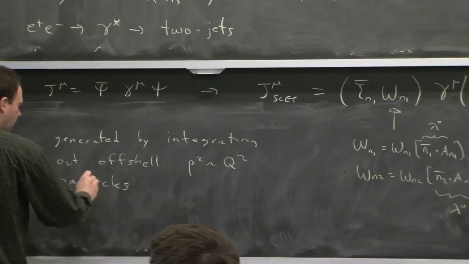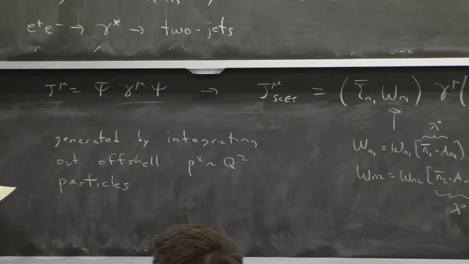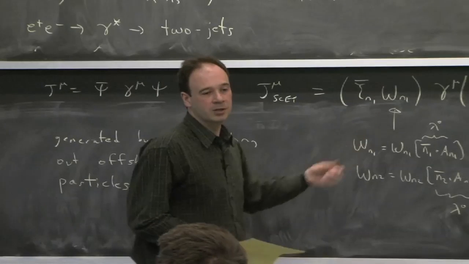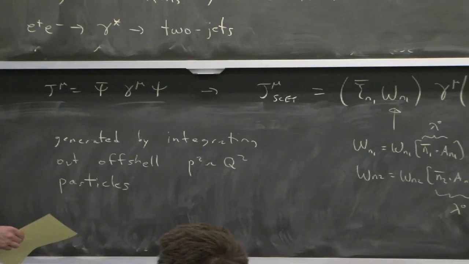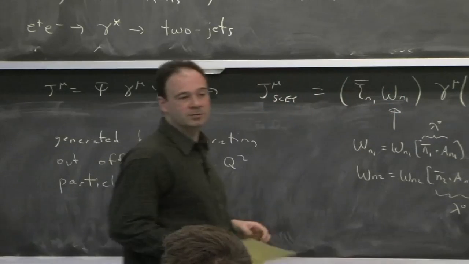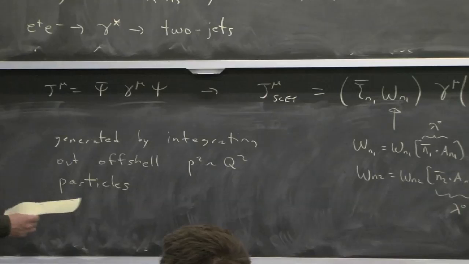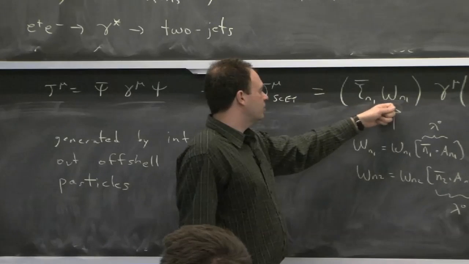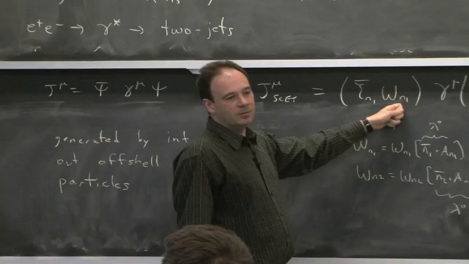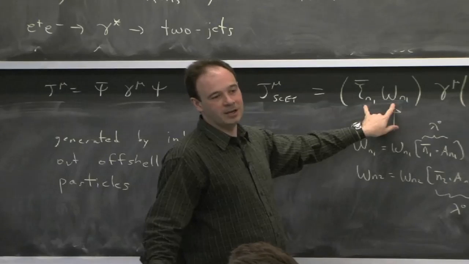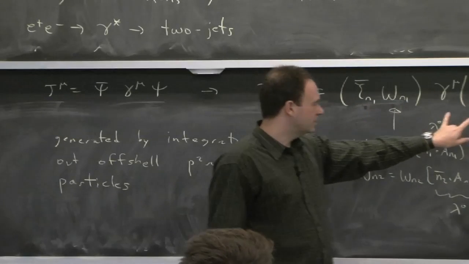So when we construct the effective theory, we have to integrate out off-shell particles, and by doing so it generates this Wilson line operator. It's a little more complicated in this case because we get these two Wilson lines. I'll talk a little more later on, in a different context, about what type of diagrams are involved in getting these two different Wilson lines. But the result is, in some sense, more intuitive than the way of getting there. What's happening is you're getting this Wn1 Wilson line next to the Cn1 field, and this combination is gauge invariant under the n1 collinear gauge transformations.